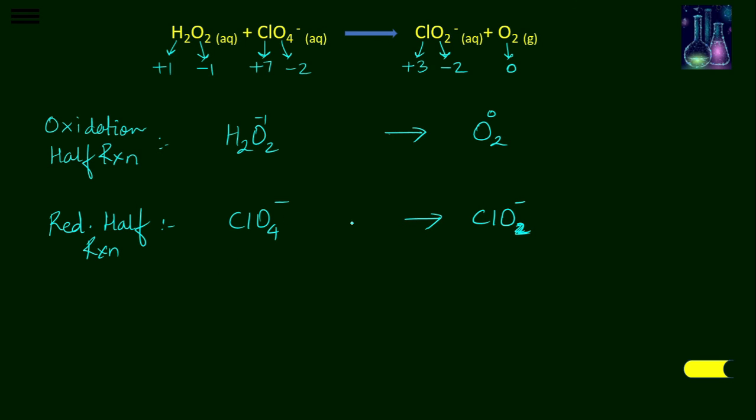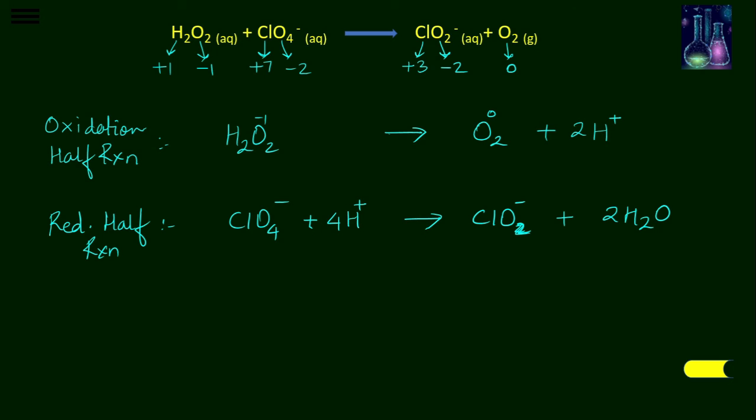Okay, now let's balance the hydrogen. Here you have two hydrogen, so add two H plus ions over here. And for oxygen, here there are four oxygen, here there are two oxygen, so add two molecules of water. On doing so, you added four hydrogen atoms as well. So I will balance that by adding four H plus ions over here.